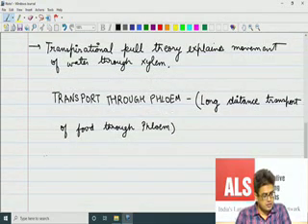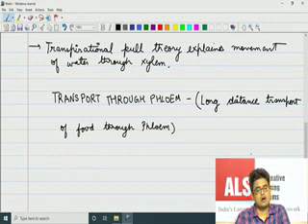So let's start with how the food substances are basically transferred.